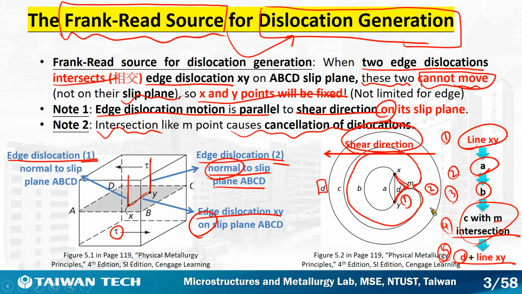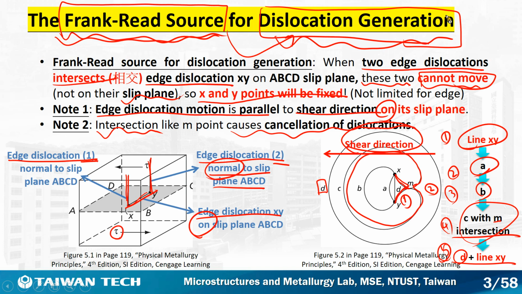So you can see that we have a dislocation intersection like this one, and eventually it will continuously produce new dislocation loops. So this is the Frank-Read source for dislocation generation. It will produce dislocation loops.